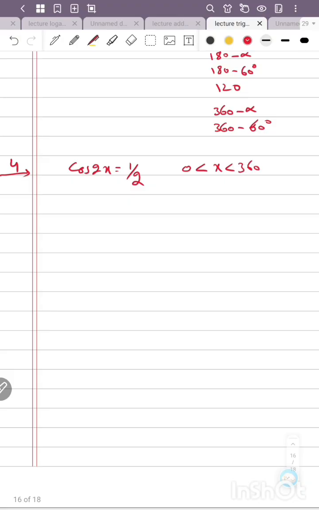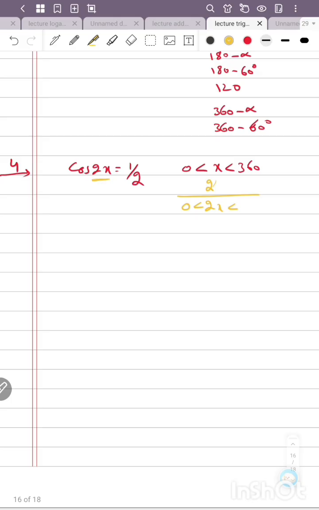Now look, there is 2x here. First of all, for the interval we have to multiply by 2. When we multiply 0 by 2, we get 0. When we multiply x, we get 2x.